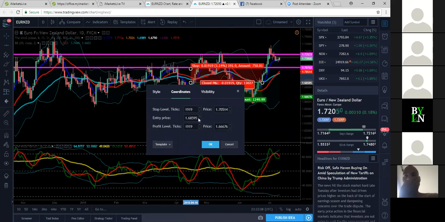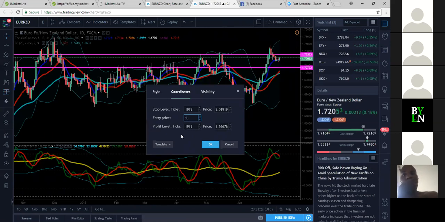Now, for the entry price, let's say our entry price was the one that I highlighted right here, 1.70702. Okay, so I would type 1.70702 in that entry price.